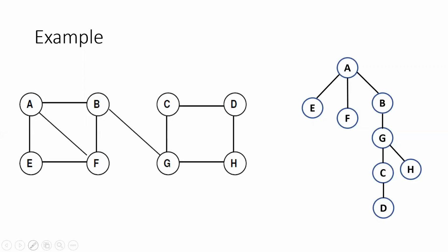So I'll mark it. A is visited, and now we have seen that these are the three adjacent vertices, B, E, and F. So now we have finished exploring A, which means we have to delete A from the Q.